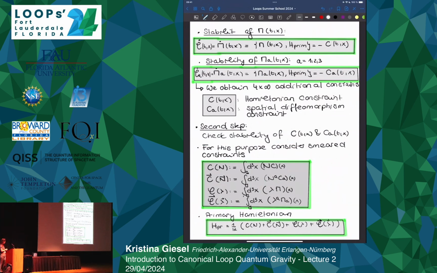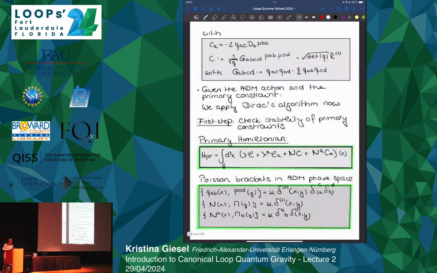And what we realize is, if we consider this for the primary constraint related to lapse, if we look at the primary Hamiltonian, the momentum of the lapse just speaks to the lapse here. And similarly, the momentum of the shift vector just speaks to this term. They occur linearly here.